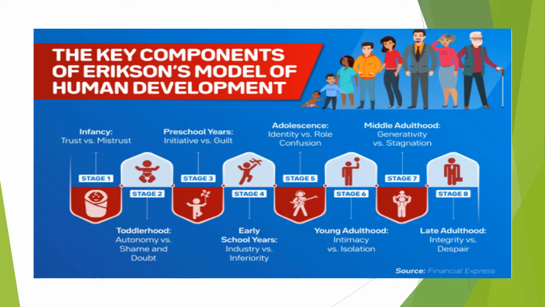In this illustration, what have you observed? These are the 8 stages of human development from Erik Erikson, stage 1 to stage 8. So Erikson maintained that personality develops in a predetermined order through 8 stages of psychosocial development, from infancy to adulthood.